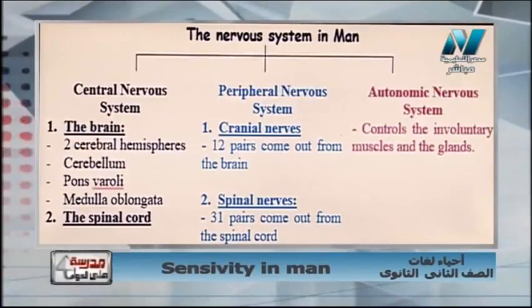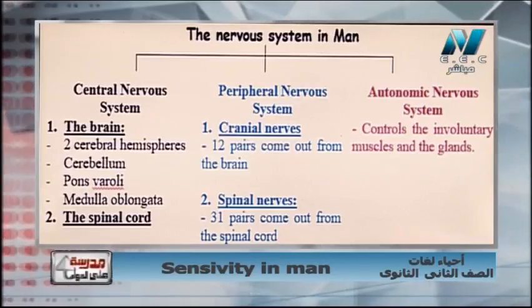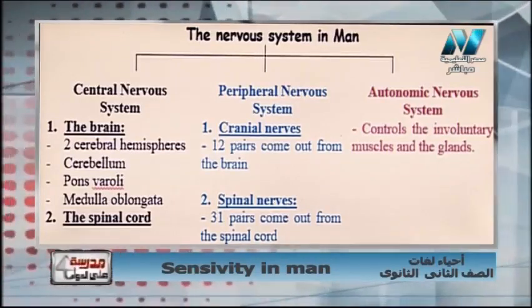And the peripheral nervous system includes all the nerves that come out from the brain, which are called cranial nerves, and the nerves that come out from the spinal cord, which are called the spinal nerves. And also there is the autonomic nervous system that controls the involuntary actions, as we said last time.